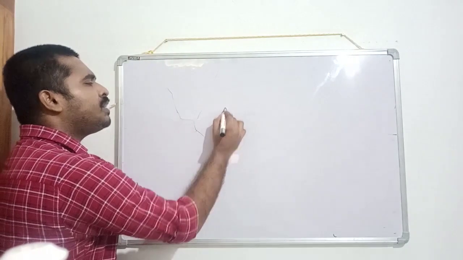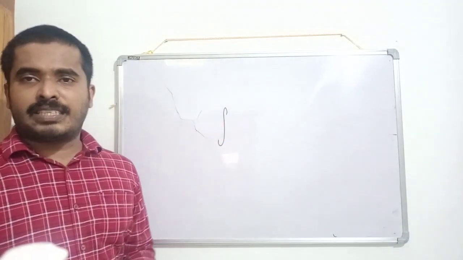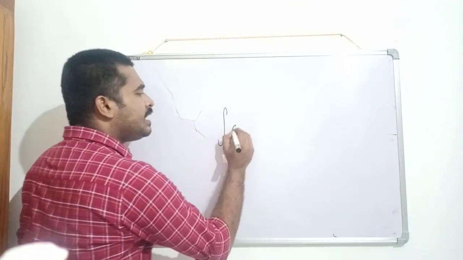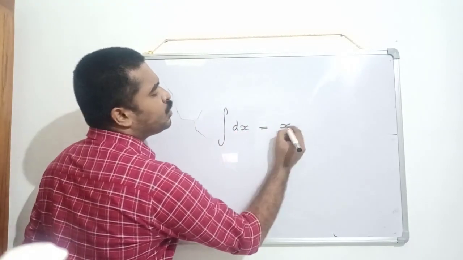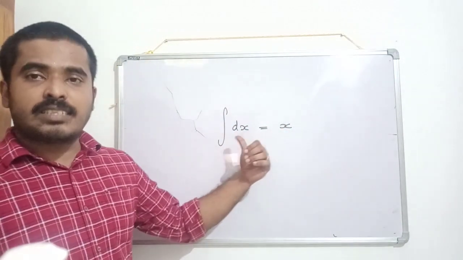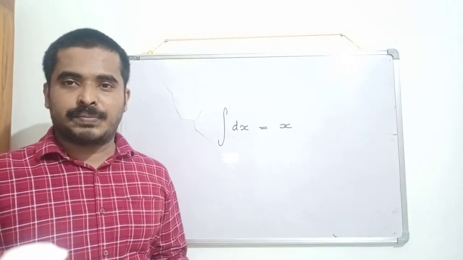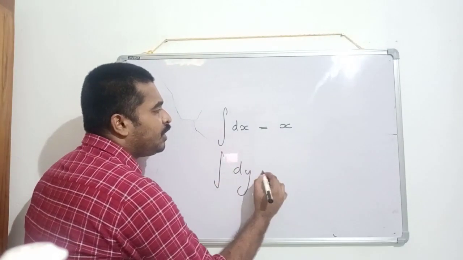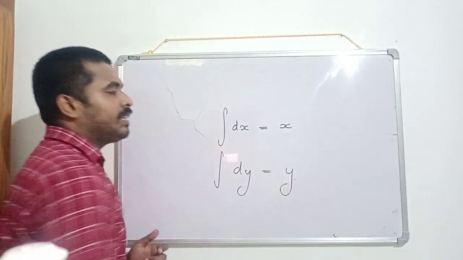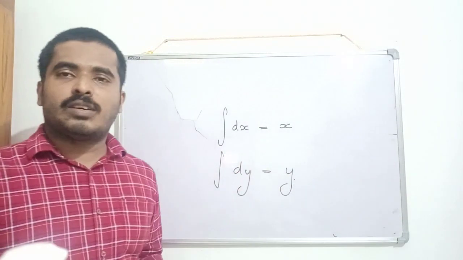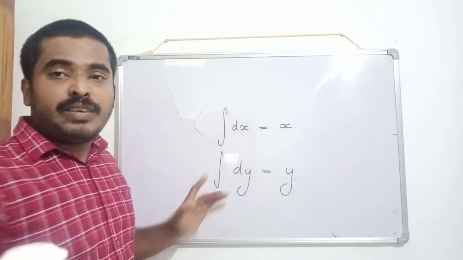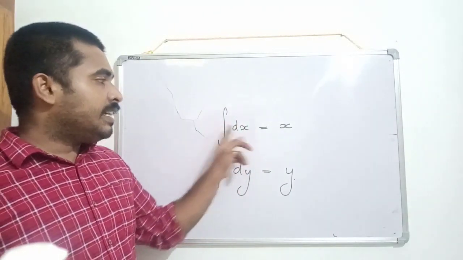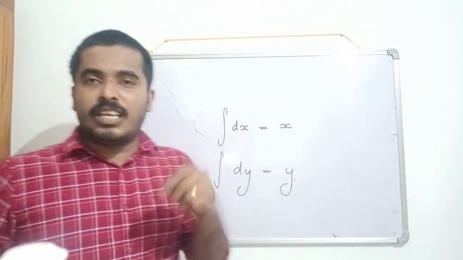This is the sign for integration. Integral dx will be equal to x. When you integrate dx, the product is x. When you integrate dy, the product is y. For this derivation, we need only this result: integral dx equals x, integral dy equals y.